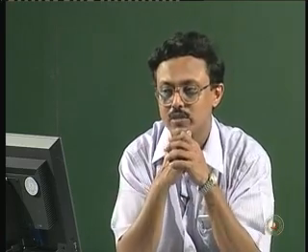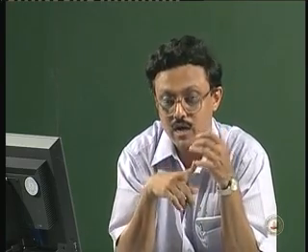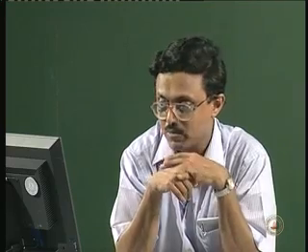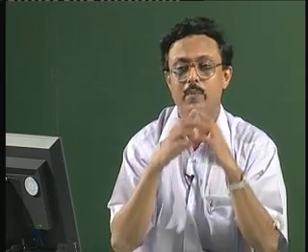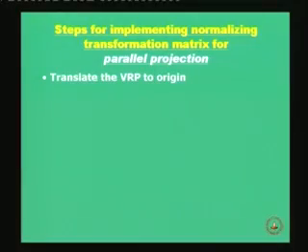Okay. Well, we go into the steps for implementing the normalizing transformation matrix in the case of parallel projection first, and then we will look into the perspective projection, and the set of steps are defined in the slide. The first step is you need to translate the VRP, the view reference point, to the origin.